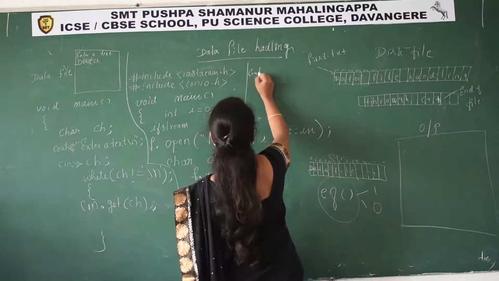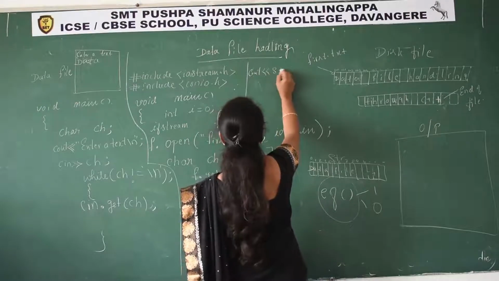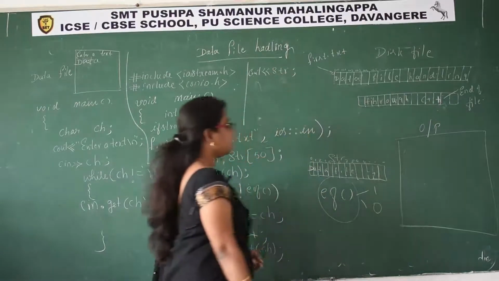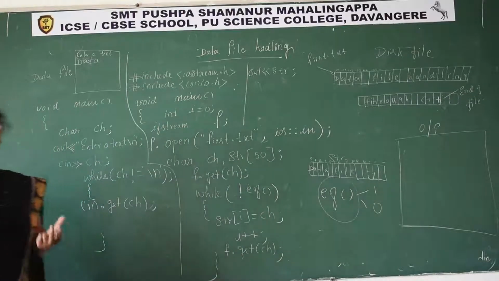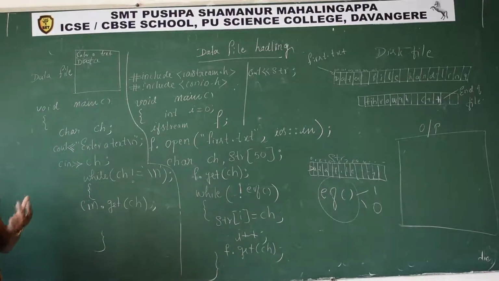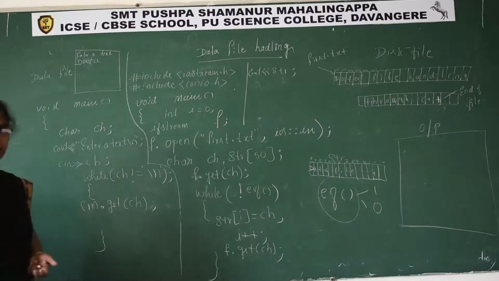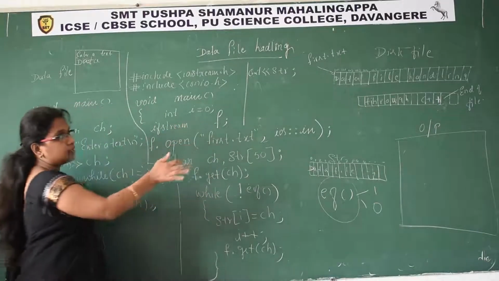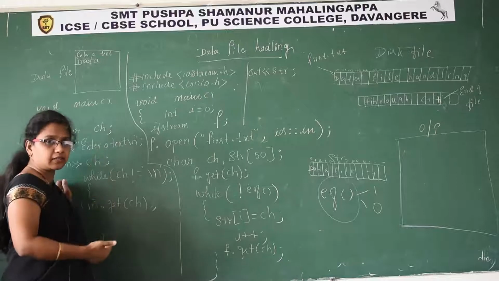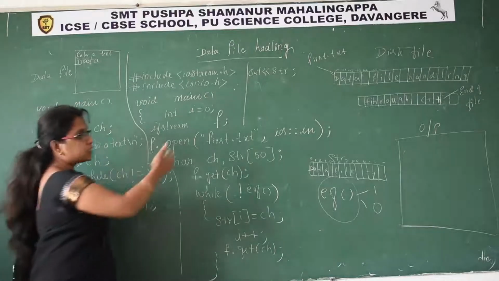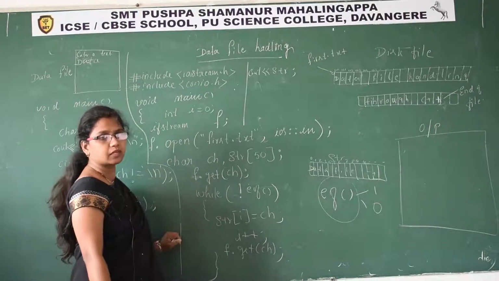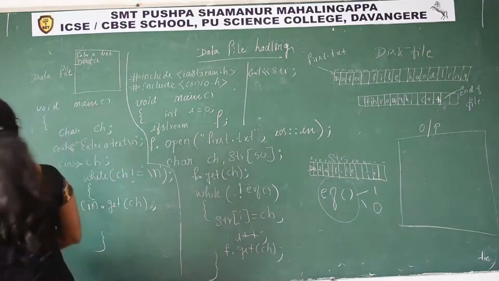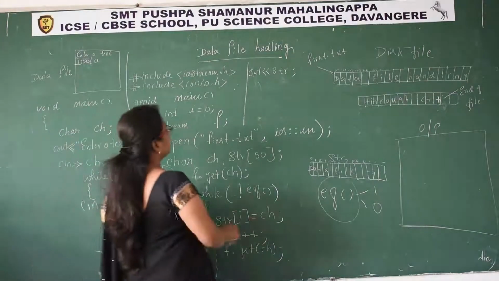Cout insertion str. This is the way to read the data character by character from the file and display on the screen. So this program is about reading the data character by character from the text file and displaying it on the screen. Understood? After that we have to close the file.